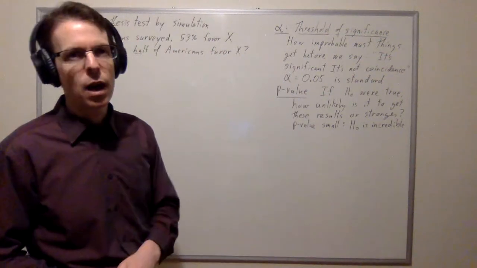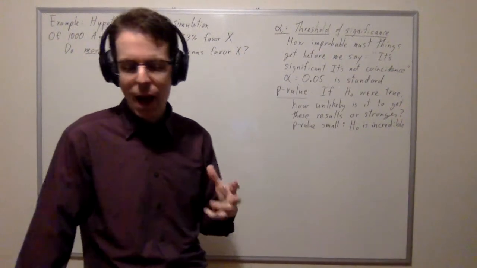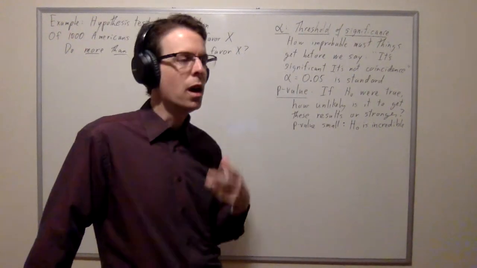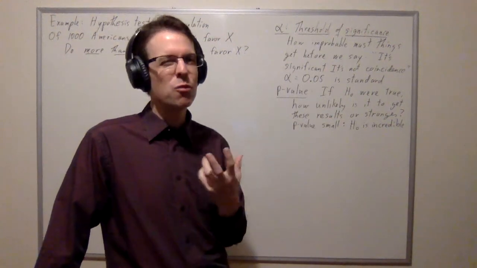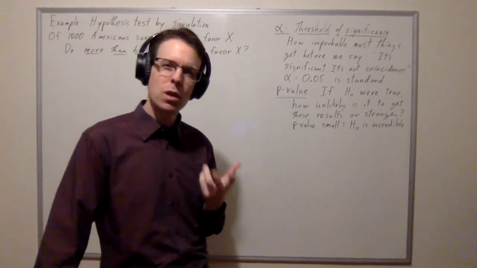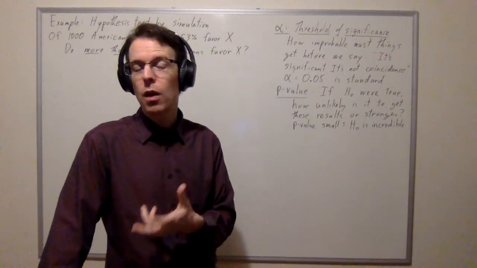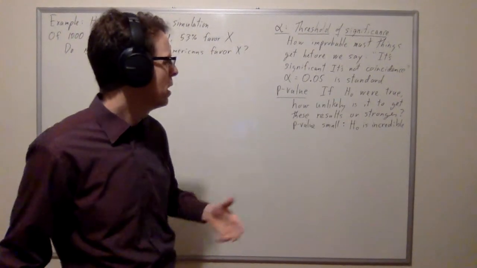Now, closely related to alpha is the p-value. The p-value is a measurement of how crazy the results are. If the null hypothesis were true and no effect were going on and really nothing real was happening here, how wild would our results be compared to our expectations if there were no actual effect going on?